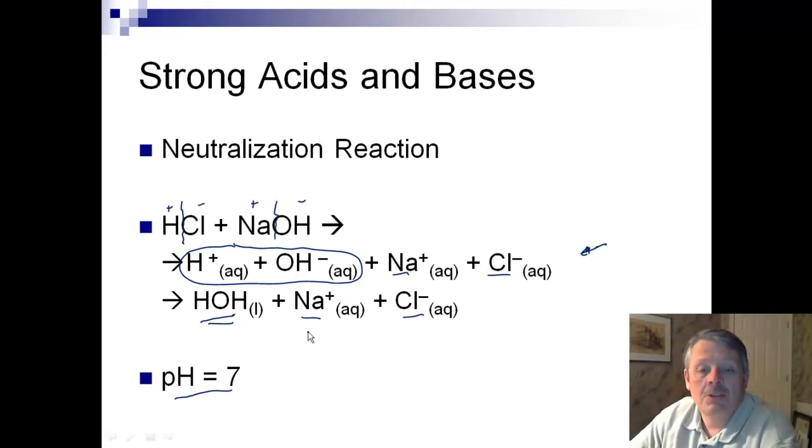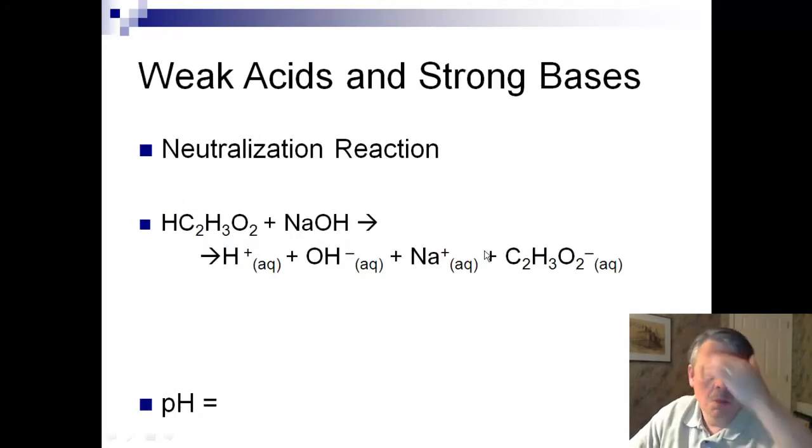Why is this a pH of 7? Because the sodium and the chlorine do not add a pH in any way. Right? What we're looking for are the hydrogens and the hydroxides, and you'll notice they have gone together to make water because we have a strong acid and the sodium and chlorine have completely dissociated. But what happens when we have a weak acid?